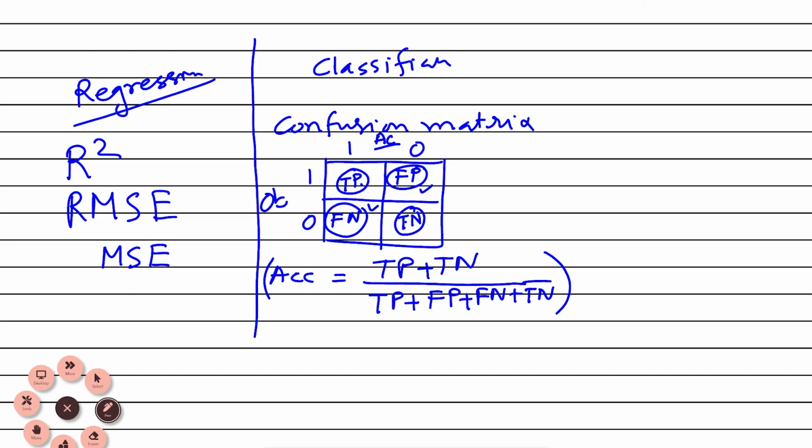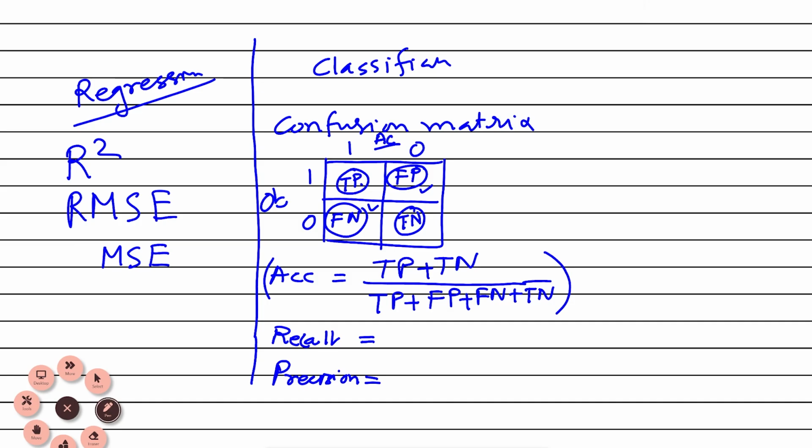Now another thing is recall and precision. Precision is how accurately you are predicting the cases of 1.